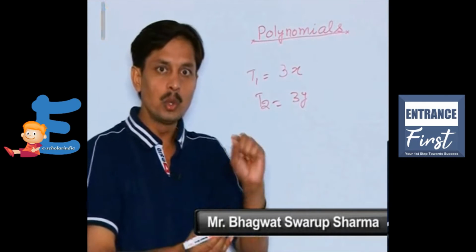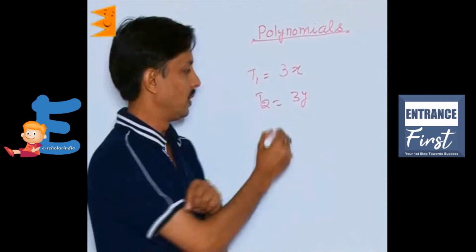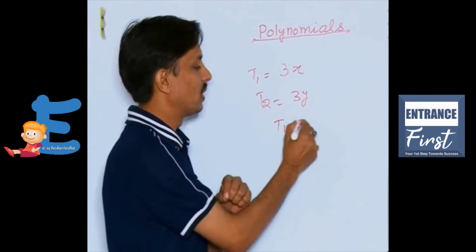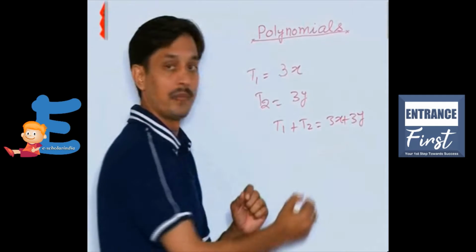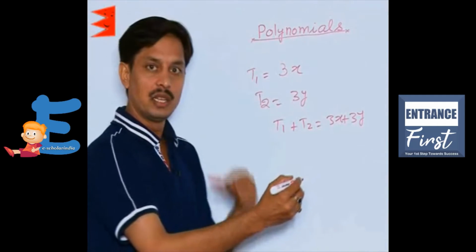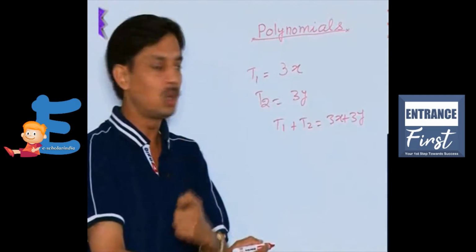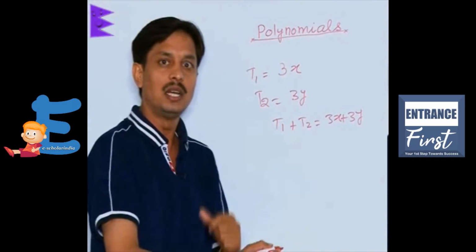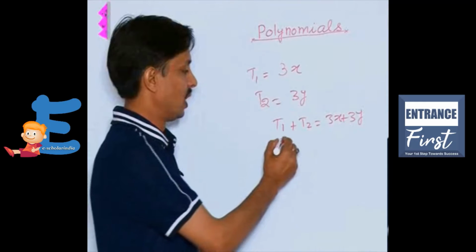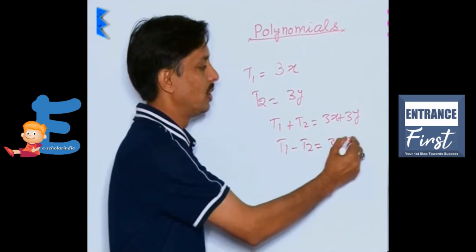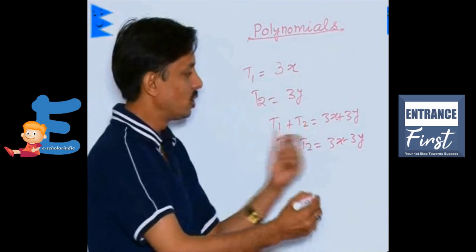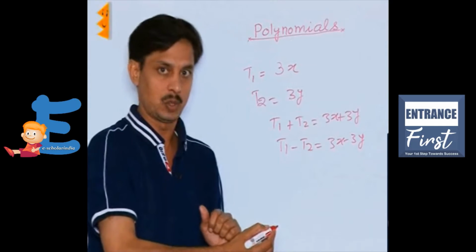If I ask you to add, that is t1 plus t2, I get 3x plus 3y. This combination in the form of addition of the two unlike terms is an algebraic expression. It can also be like this, t1 minus t2, which is 3x minus 3y. This is also an algebraic expression.